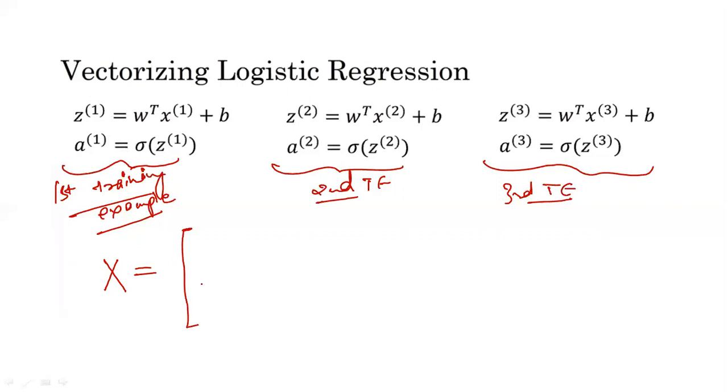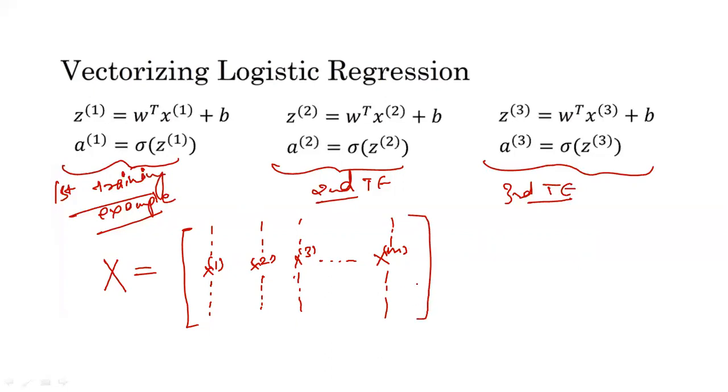And what my input feature vector X would be, it will be small x1, these are the data in the input feature vector x1, x2, these are the data for input feature vector x2, x3, this is the data for input feature vector x3, and that goes up to xm because we have total m number of training examples in our data set. Okay, so this is the input feature vector X.